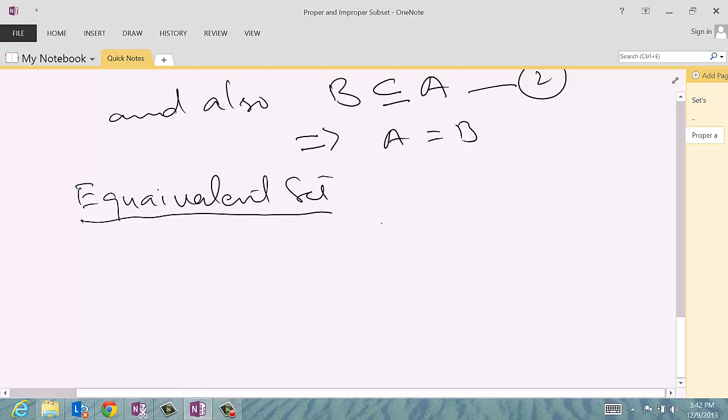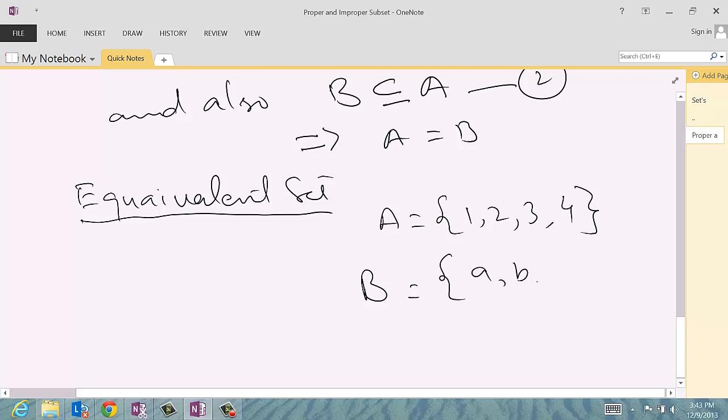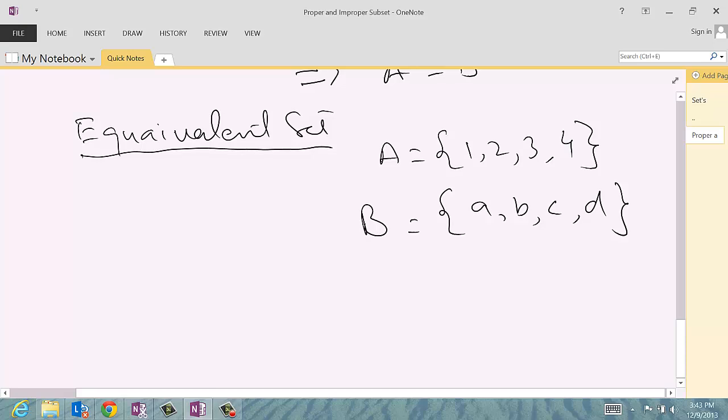A could be equal to 1, 2, 3, 4, and B could be equal to A, B, C, D. Now clearly you can see that A is not a subset of B, and same B is not subset of A. We can write it like this, that A is not contained in B and B is not contained in A.